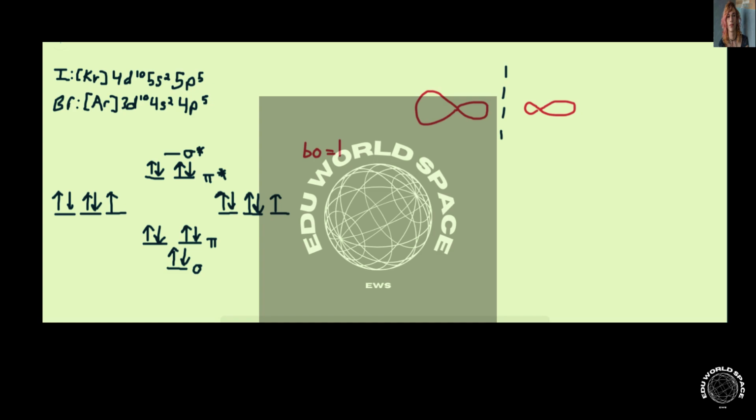You can see that in the picture. In that valence molecular orbital of IBr, you don't see any overlap between the iodine orbital and the bromine orbital, so there are no electrons occupying it.